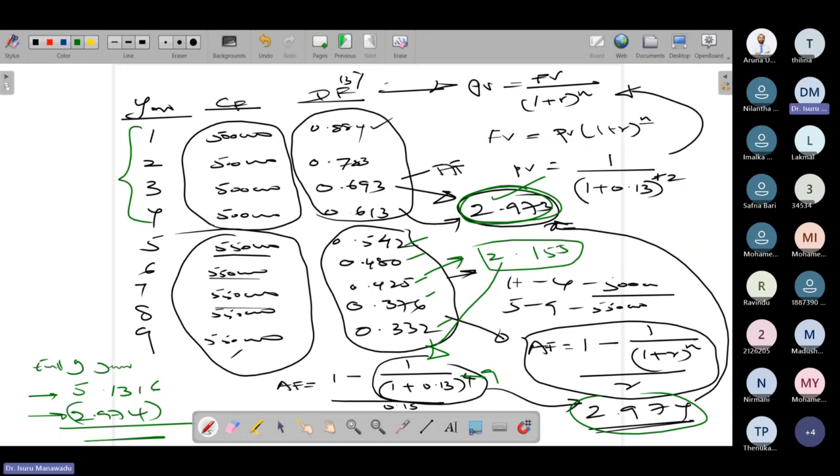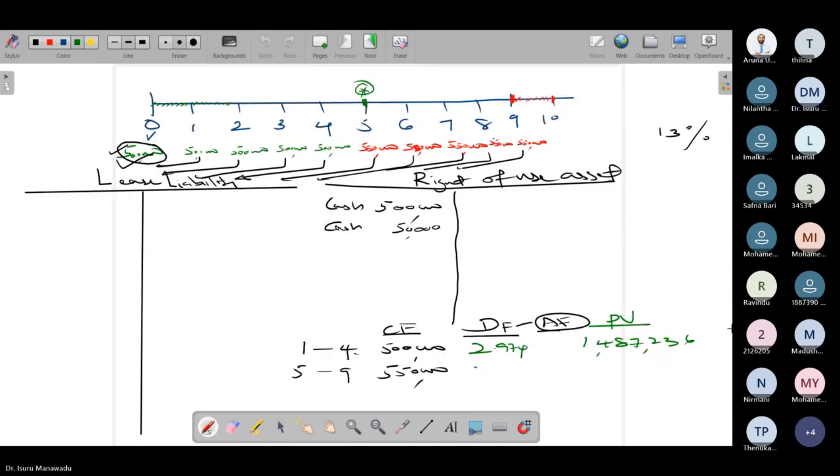You will be getting 2.157. Okay. So that's the answer.